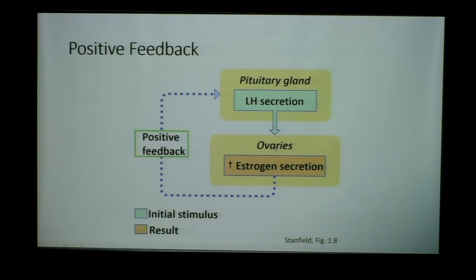Now, there's a time along the menstrual cycle where we need to have a surge of LH in order to stimulate ovulation. So this is a part of the mechanism in terms of our reproductive function that requires a positive feedback loop, okay? And so what happens here is that this estrogen secretion further potentiates more LH secretion. And this goes on until we have a spike in LH and a spike in estrogen such that we can stimulate that ovary to ovulate or to release that follicle, okay?